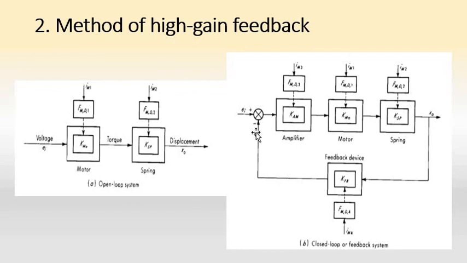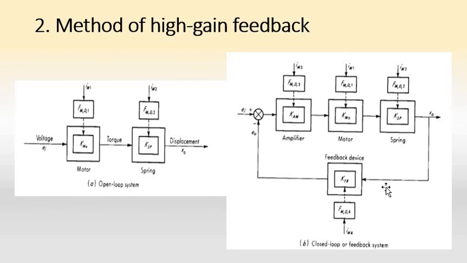It is subtracted from the input EI to give an error signal, which is given to the amplifier. The amplifier amplifies this error signal, and its output is given to the motor, which drives the motor, and again the corresponding x naught is modified, that is, a modified output is obtained.